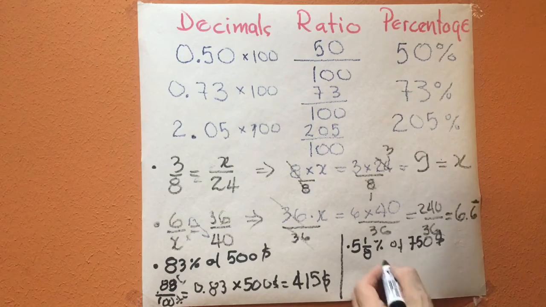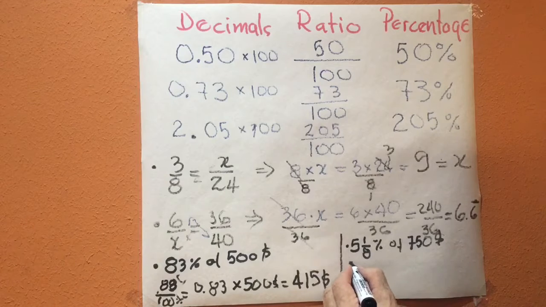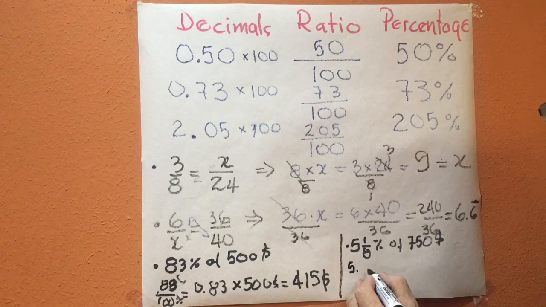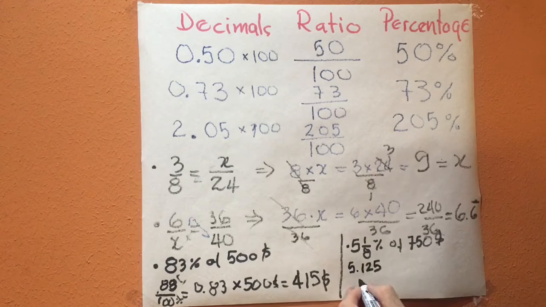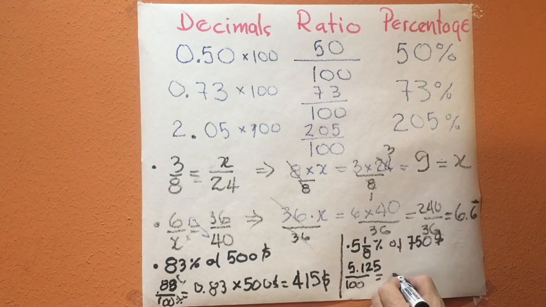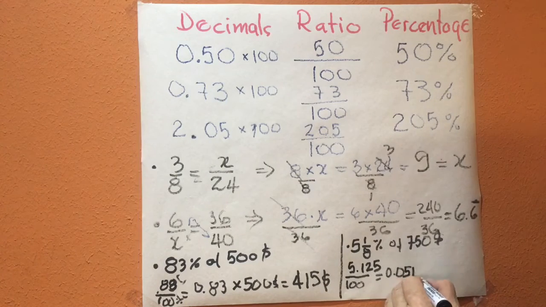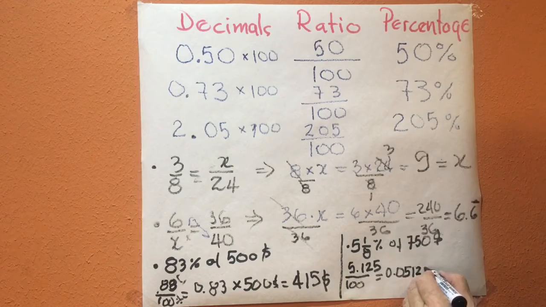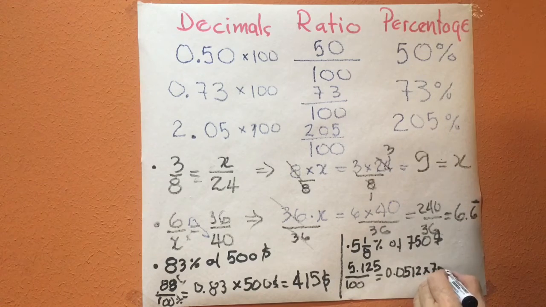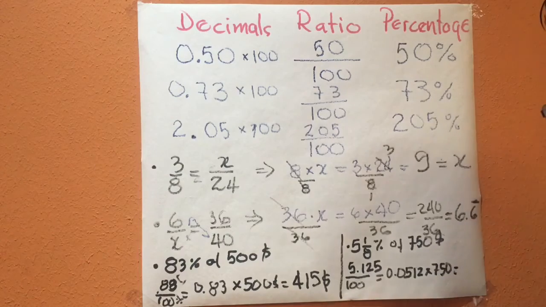Doing all these operations, I will have 5.125. And this should be divided by 100. And this will, of course, be 0.05125 times 750. And guess how much is going to be the answer?